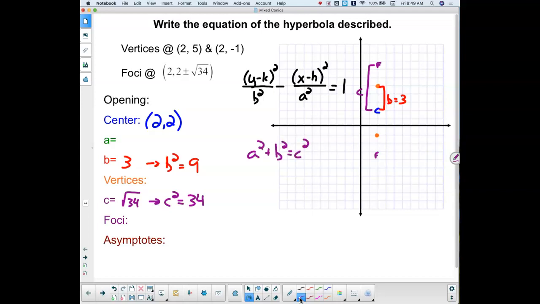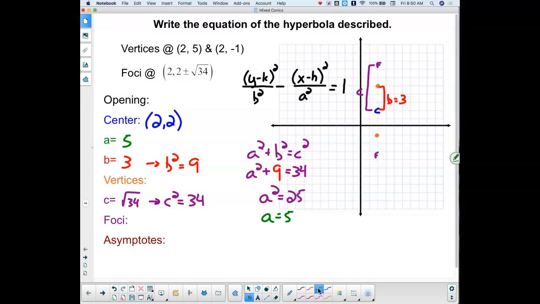So if b squared is 9 and c squared is 34, what's a squared? 25? Which means a is 5. Do I have enough information now?